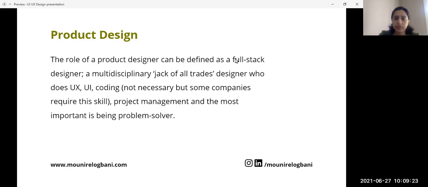When you want to do a design, you make a design that the front end developer will end up making, and you also have a little information about project management, how to organize your things, and of course you will be a problem solver.